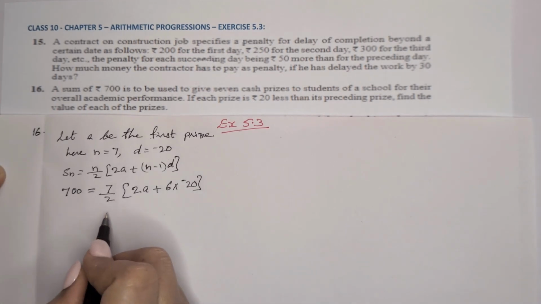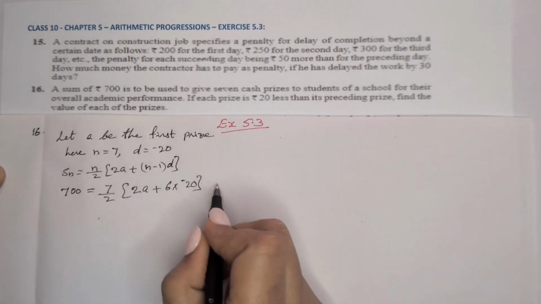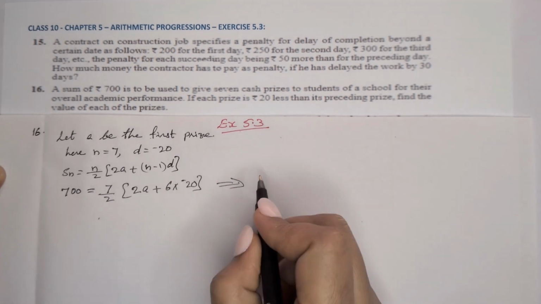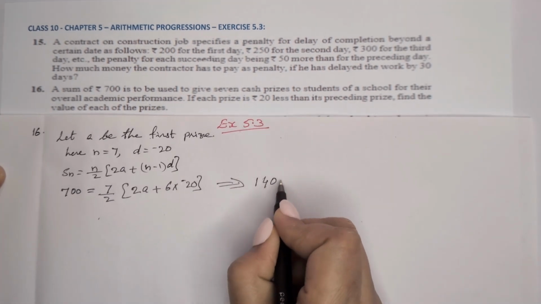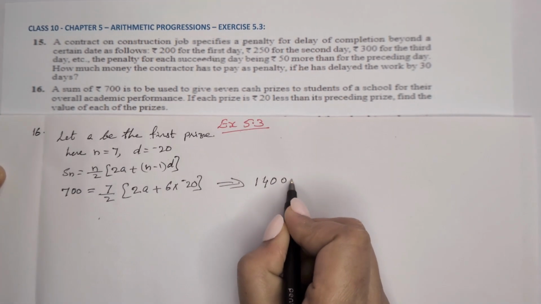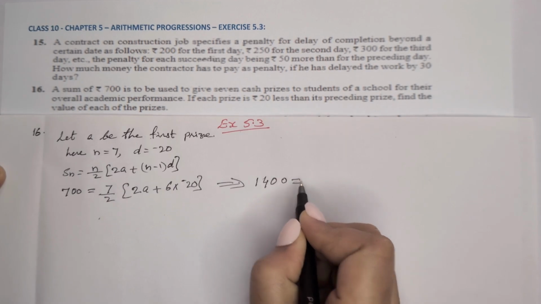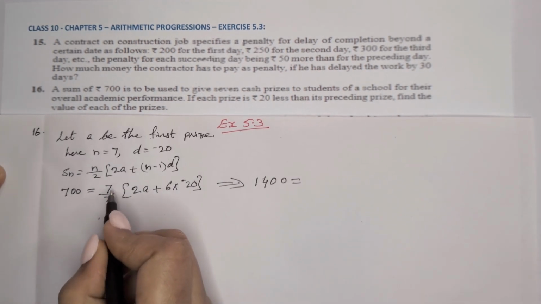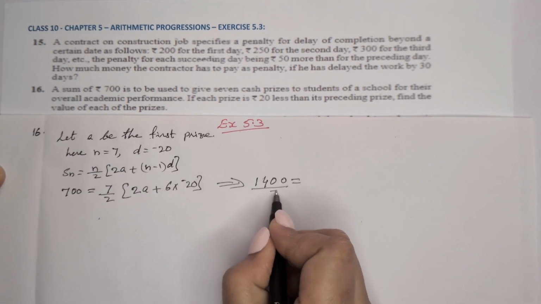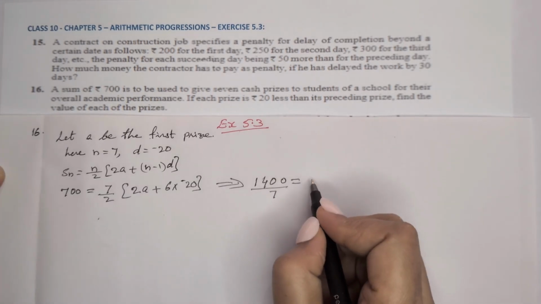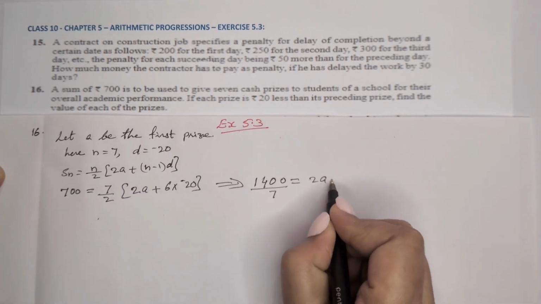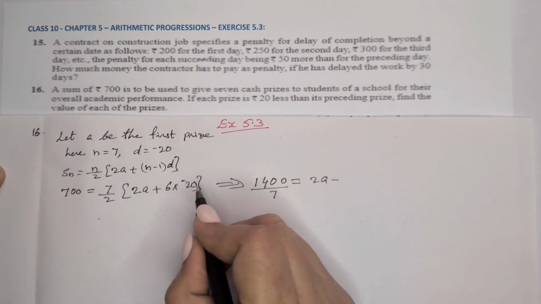So this one is coming as, we can multiply by 2. So we will get 700 into 2, 1400, is equal to, and we can divide by 7 also here. Divide by 7, which is equal to 2a minus 120, 6 into 20.